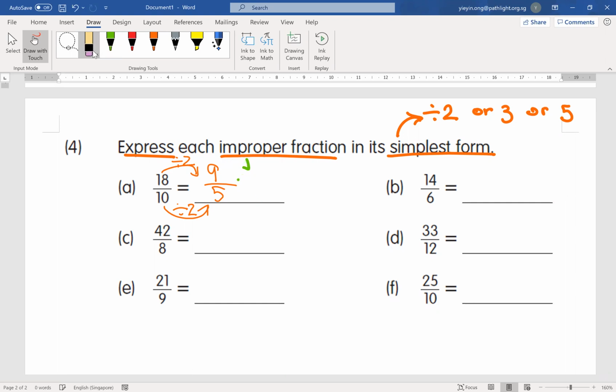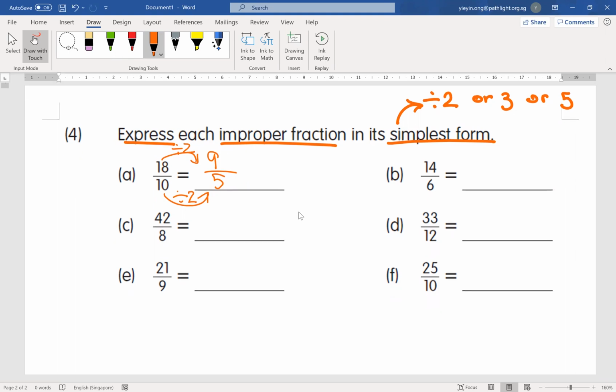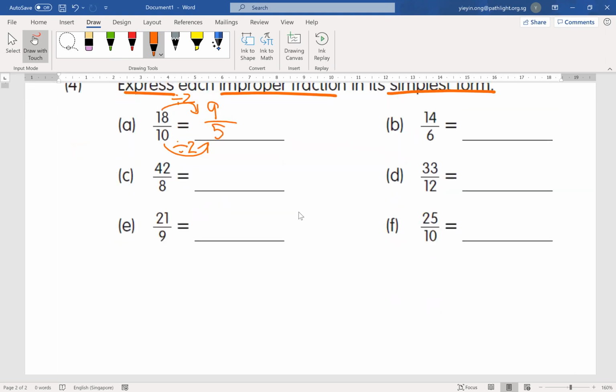You stop here. Okay, for those of you who wish to find the greatest common factor, you can use the space at the side to just list down the factors of 18. So you can write down here factors. Okay, factors of 18, you have 1, 2, 3, 6, 9, and 18. And the factors of 10, you have 1, 2, 5, and 10.